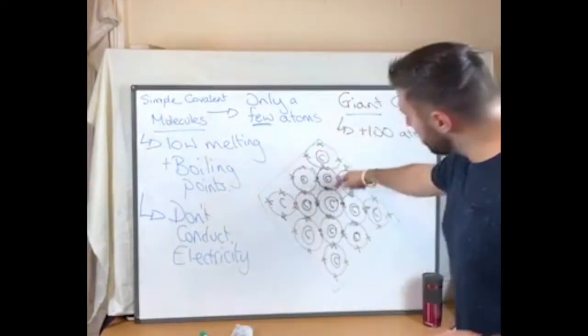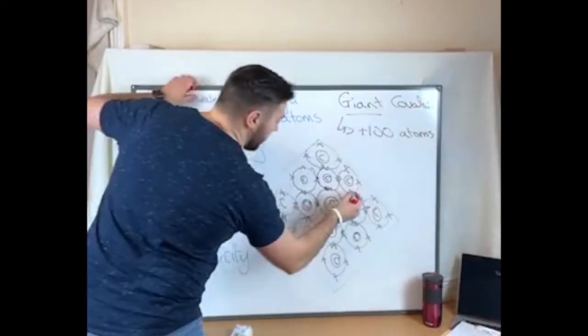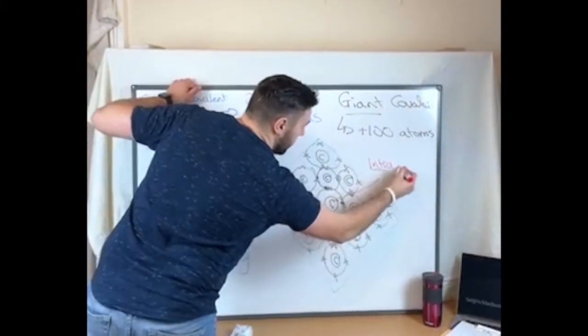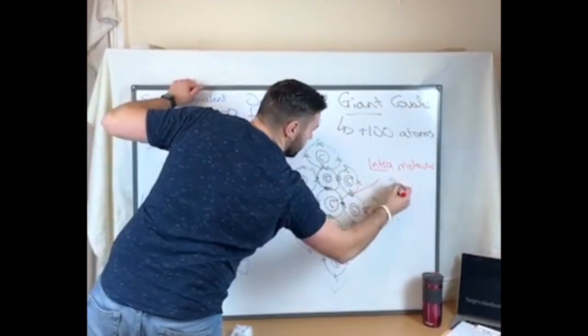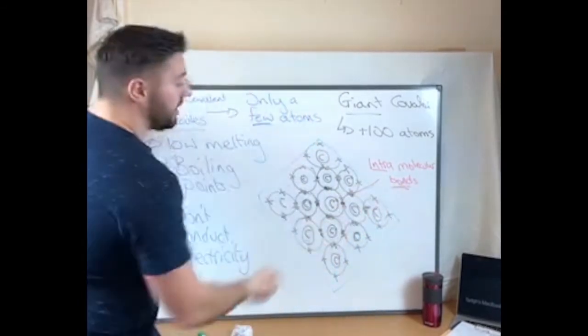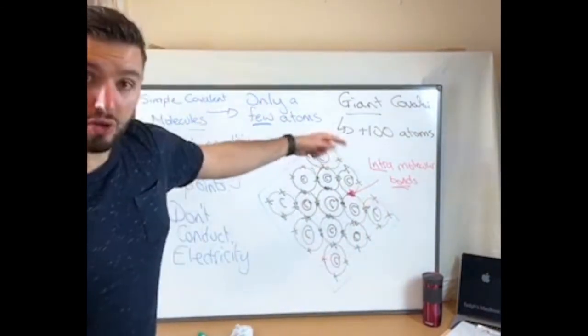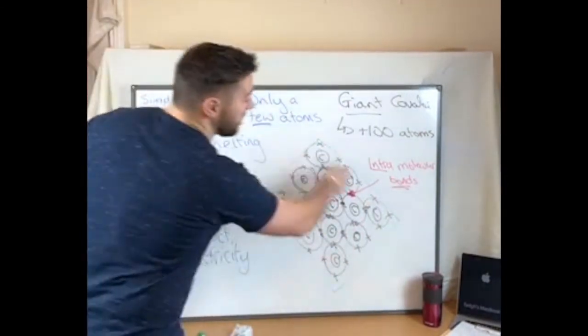Now, each one of those in there, like I was saying earlier, those are your intramolecular bonds. Those are your covalent bonds, okay? They're inside the molecule. If you were to look in between molecules, you're looking at the very outside.